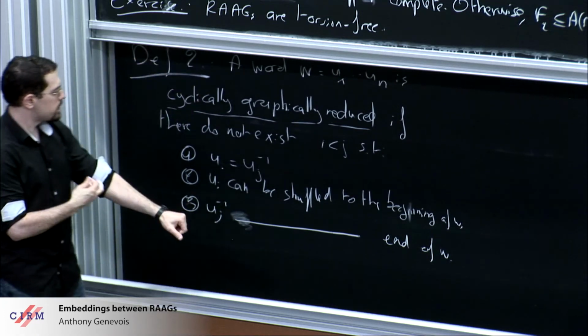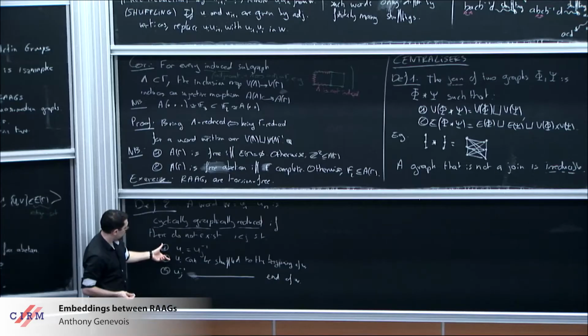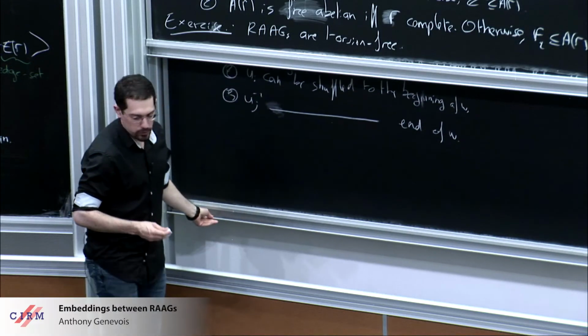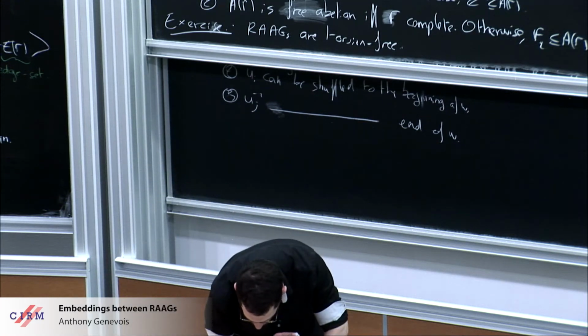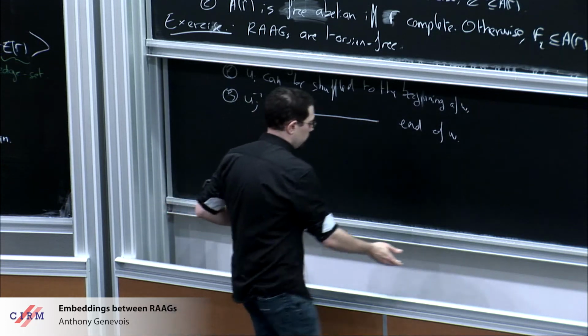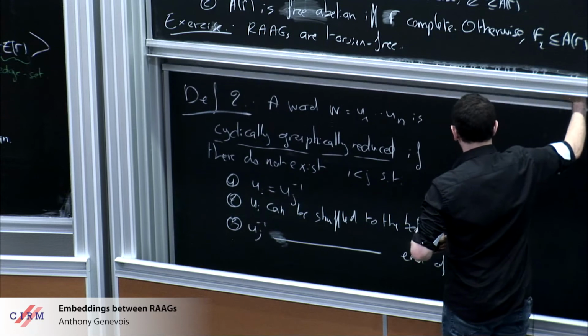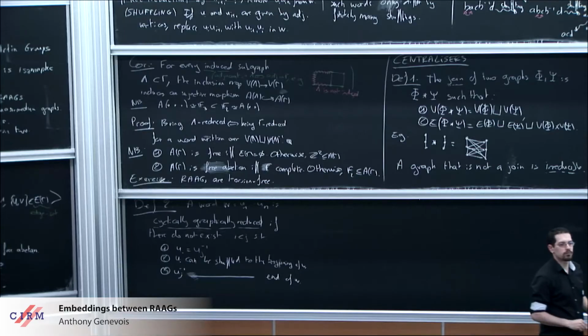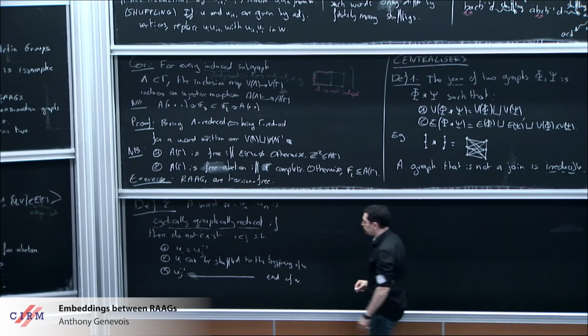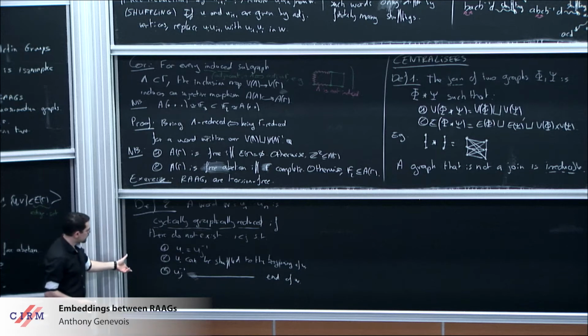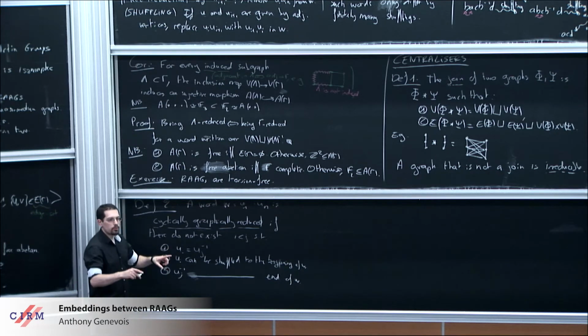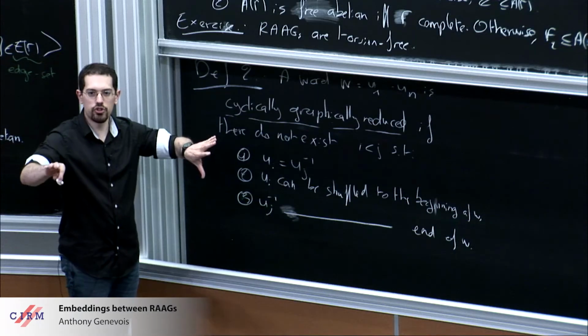Okay, so basically what it means is that among all the possible graphically reduced words, I want to isolate some prefix and some suffix, which is just the prefix minus 1.